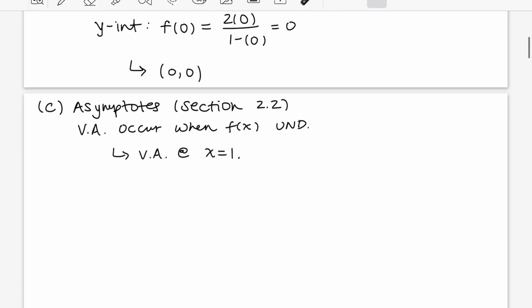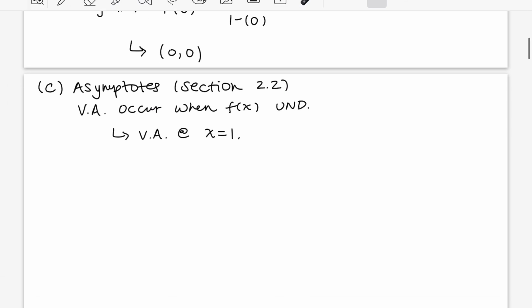All right. Now, when we have a rational function, we saw in section 2.2 that we'll need to factor out the highest degree term of its numerator and denominator, and then evaluate the limits at infinity and negative infinity. So what I mean is, we have f of x is equal to 2x over 1 minus x.